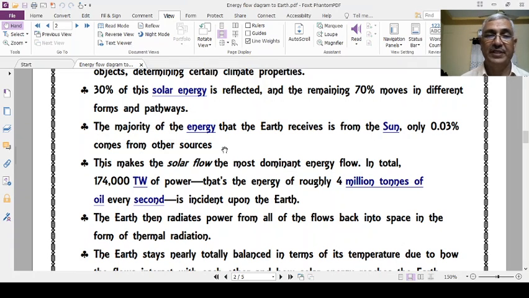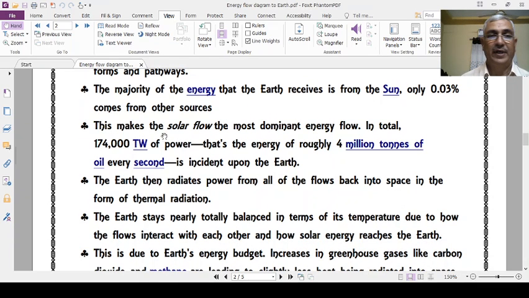That's why we will simply say that the sun is the only source of energy for the Earth. This makes the solar flow the most dominant energy flow.